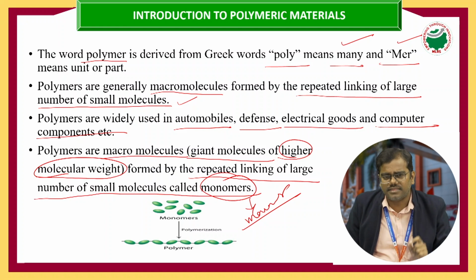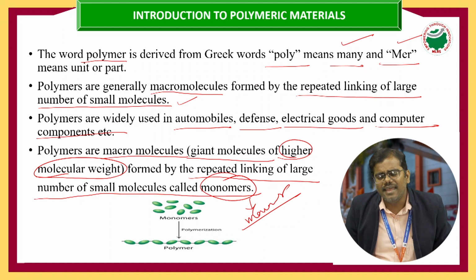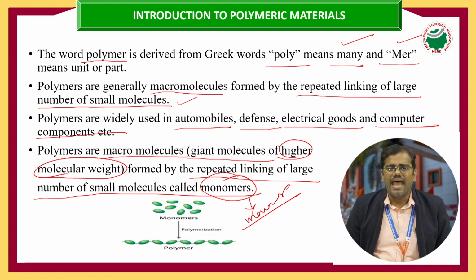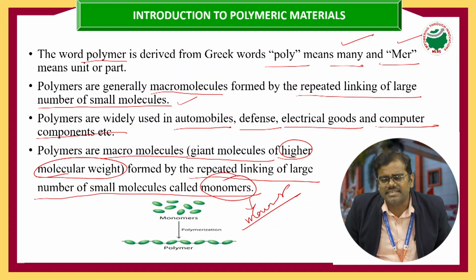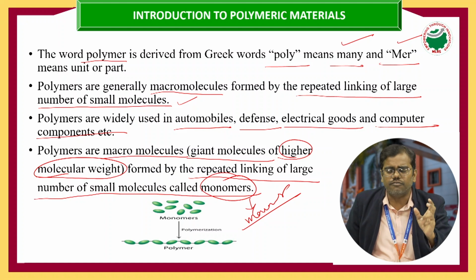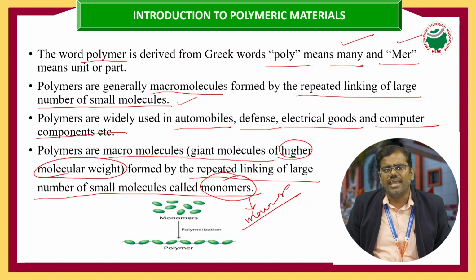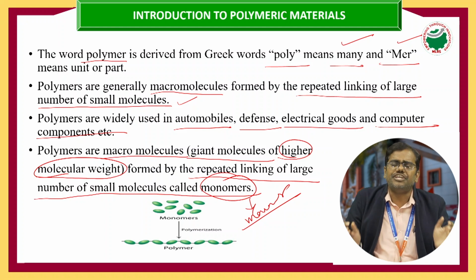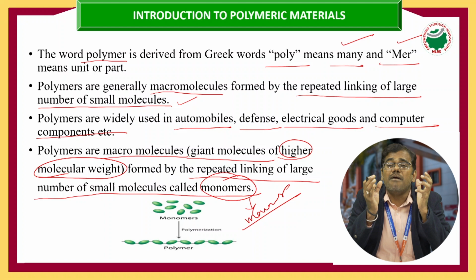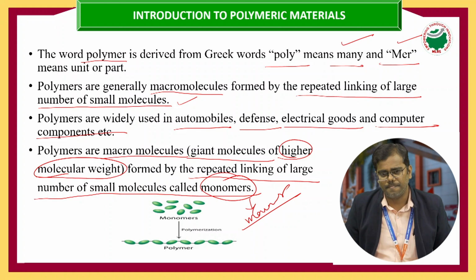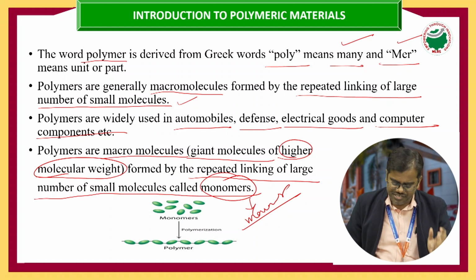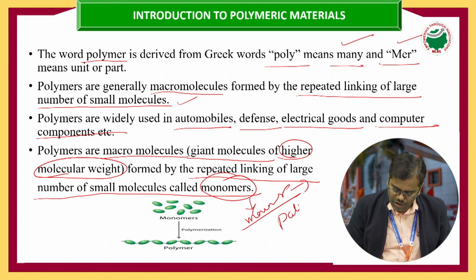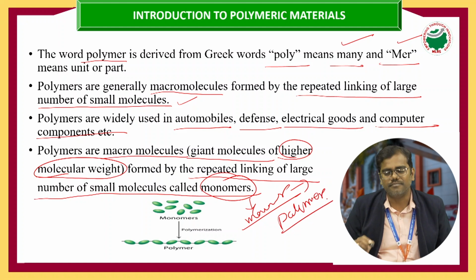Only then will that compound act as a monomer. Many such monomers will combine together with each other in the presence of temperature, pressure and catalyst, and a macromolecule will be formed, a giant molecule, a higher molecular weight substance, which is called a polymer. Monomers lead to the formation of polymer.